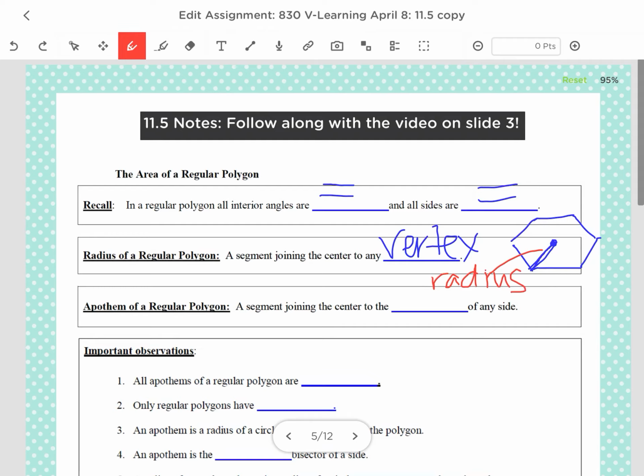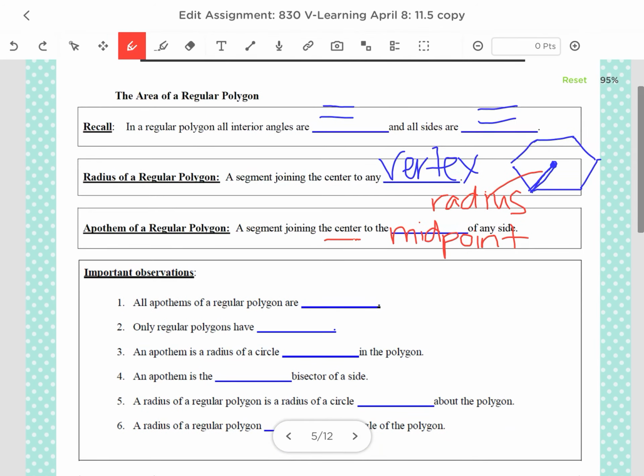The apothem of a regular polygon is a segment joining the center to the midpoint of any side. Okay, so again, if I were to use my hexagon here, just as a picture, we're going to go ahead and draw that down to the midpoint. So those segments would end up being congruent.